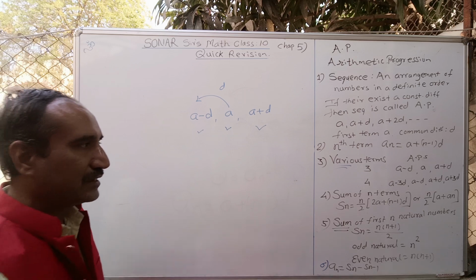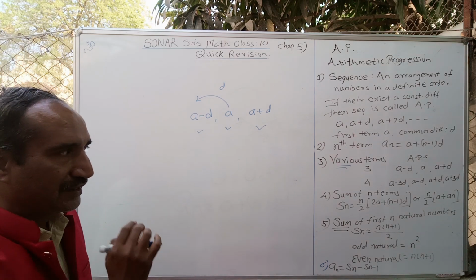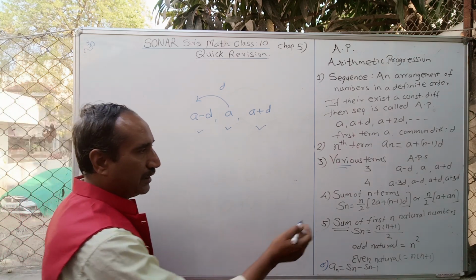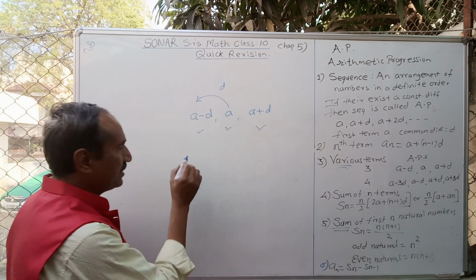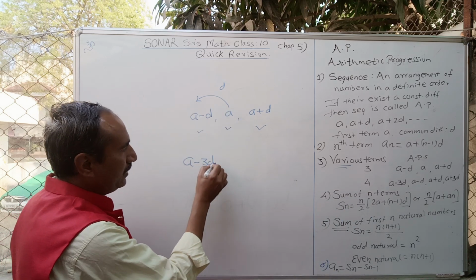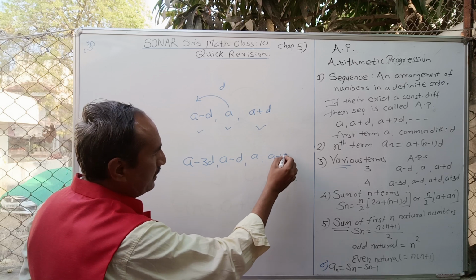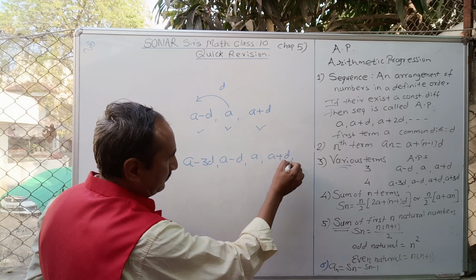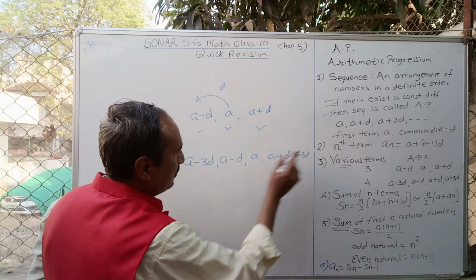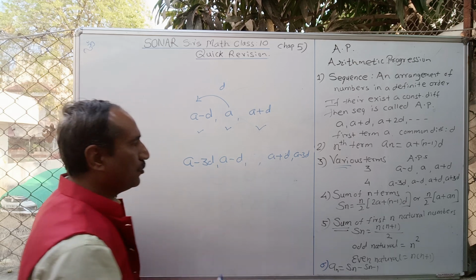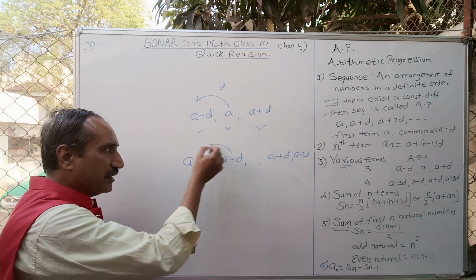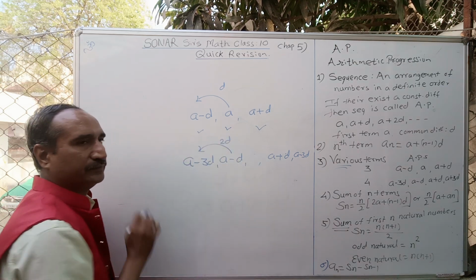If it is asked in the word problem that there are 4 terms in an AP, then for 4 terms we assume a minus 3d, a minus d, a plus d, and a plus 3d. So these are the 4 terms. If we find the difference, it is 2d.